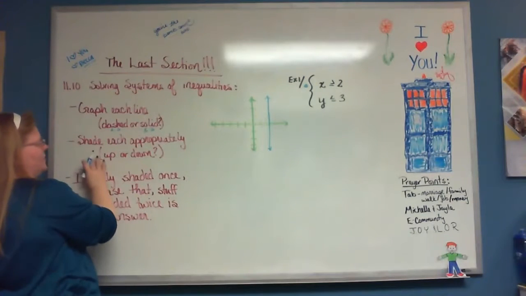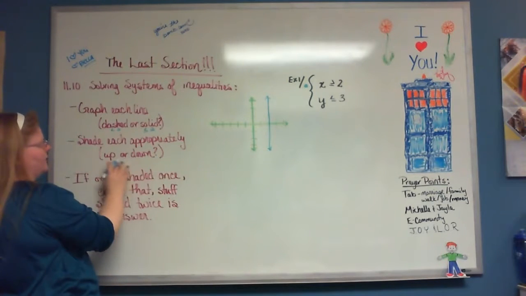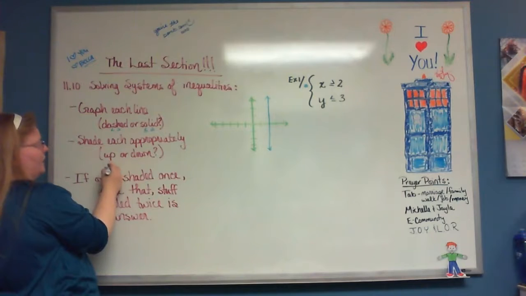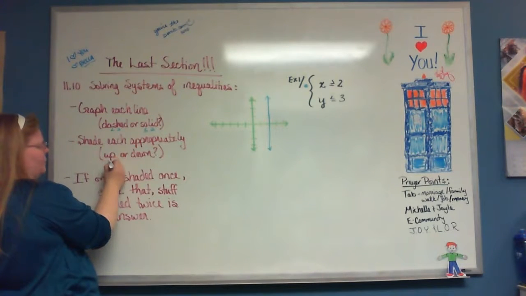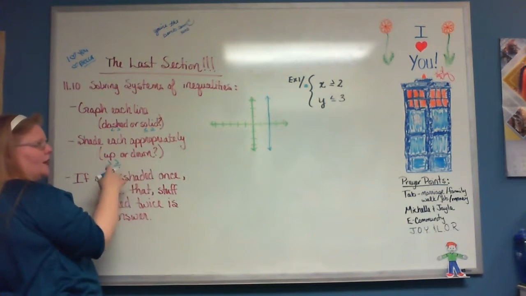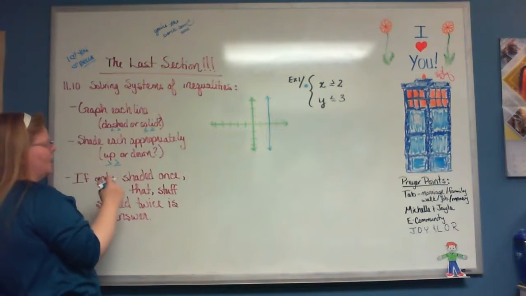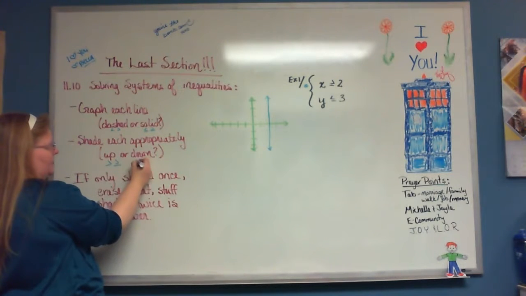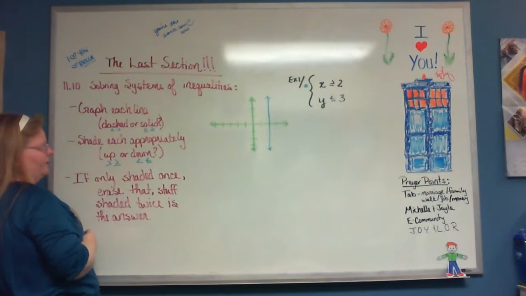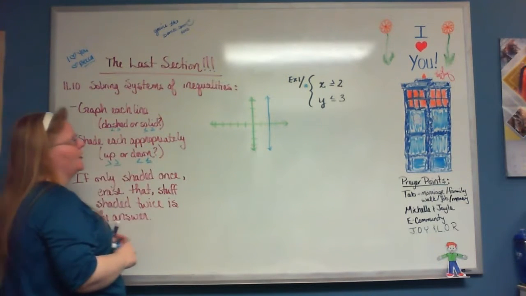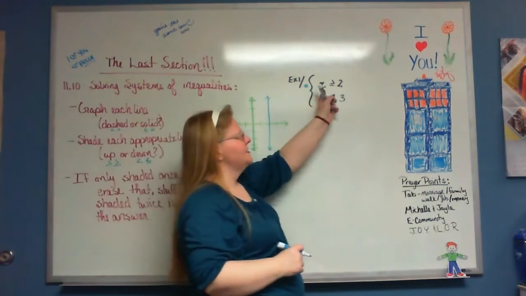And then when we're talking about shading stuff, you're going to shade up if it's ever greater than or greater than or equal to, because we always put the y on the left-hand side. You're going to shade down if it's less than or less than or equal to. So those are the 2 rules. This one is different.